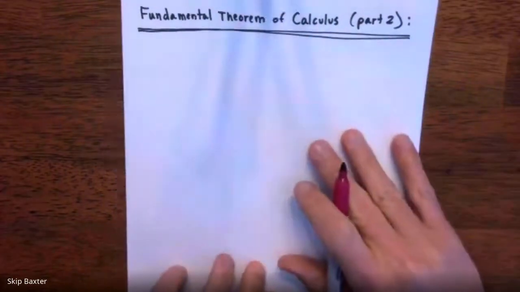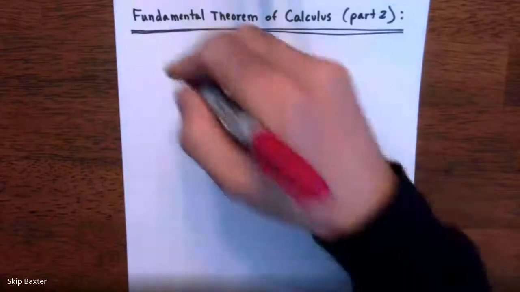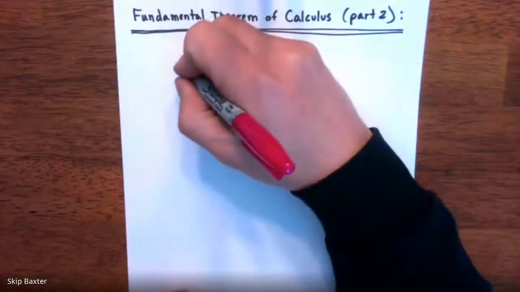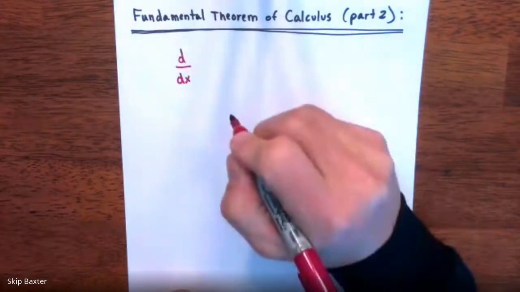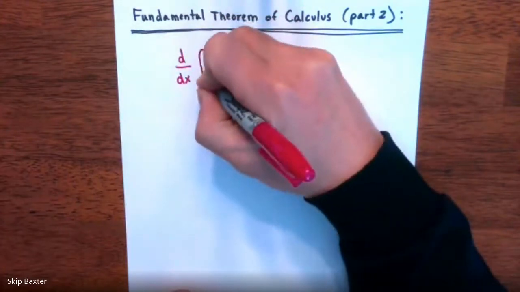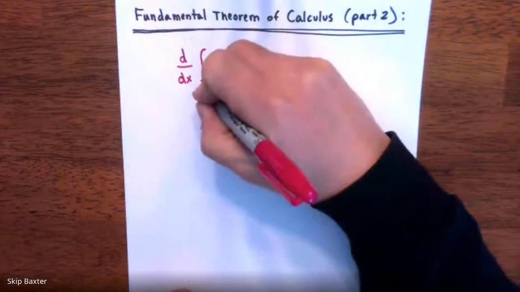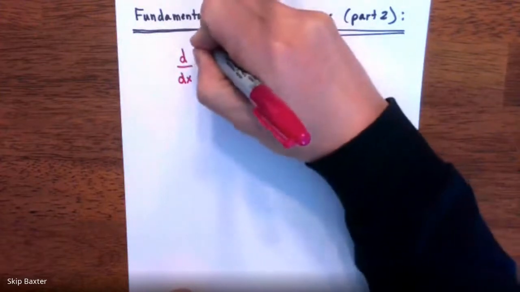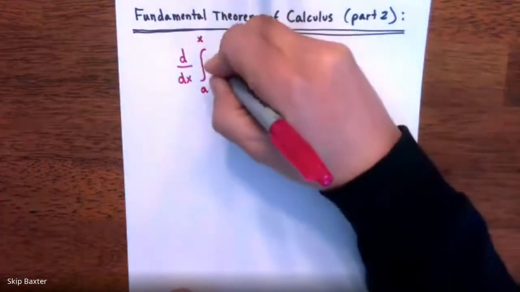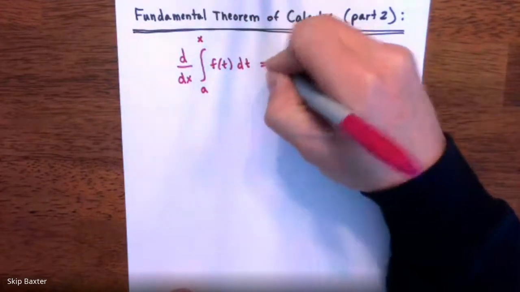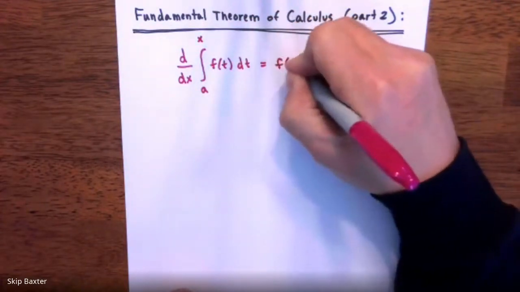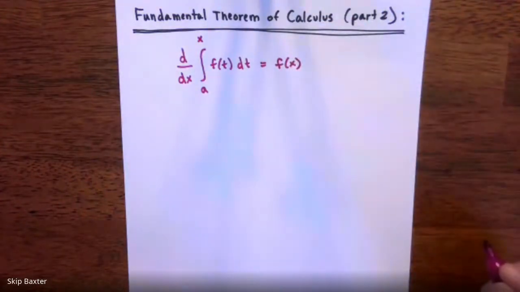Here's what it says in more formal terms. It's saying that the derivative of the integral from a to x of f of t dt equals f of x. Okay, that's what the fundamental theorem of calculus says.